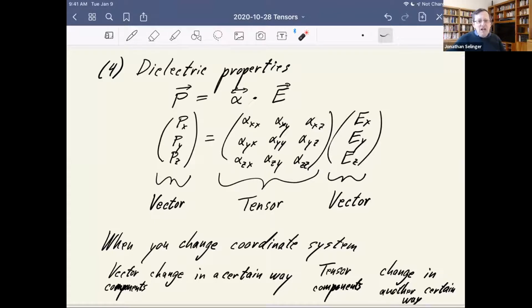I read all these books that made such a big deal about the change of coordinate system. And I thought, well, okay, maybe I need to do that once in a while, but I don't need to change coordinate system that often. So why is there such a big deal about it? Right? And the big deal isn't that you have to do it often. The big deal is it is possible in principle to do it. And that is what makes the difference between a tensor versus any old set of numbers.